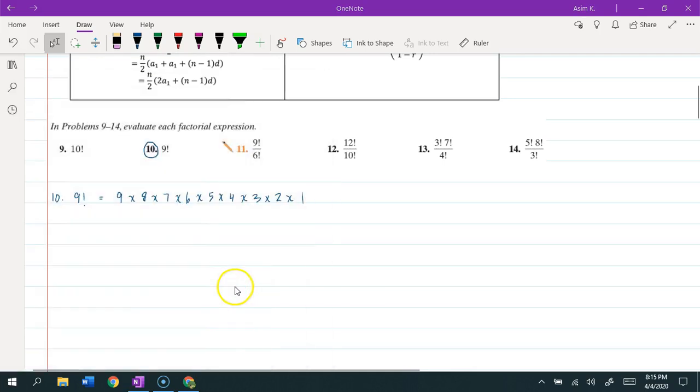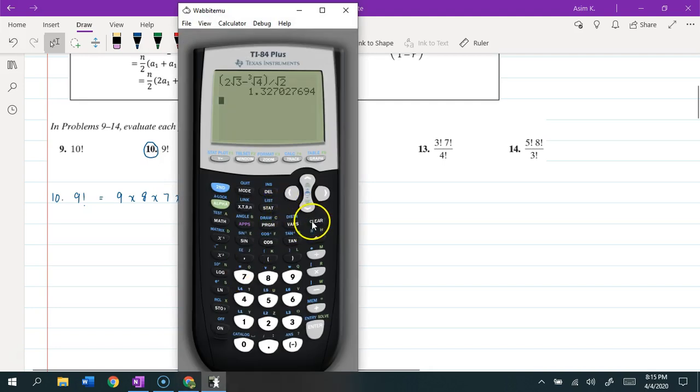Now, technically speaking, you could do 9 times 8 times 7, and that continues onwards. However, I'd like to take a moment and tell you that there is a button on your calculator. Most people forget this, but if you can remember, that will help you.